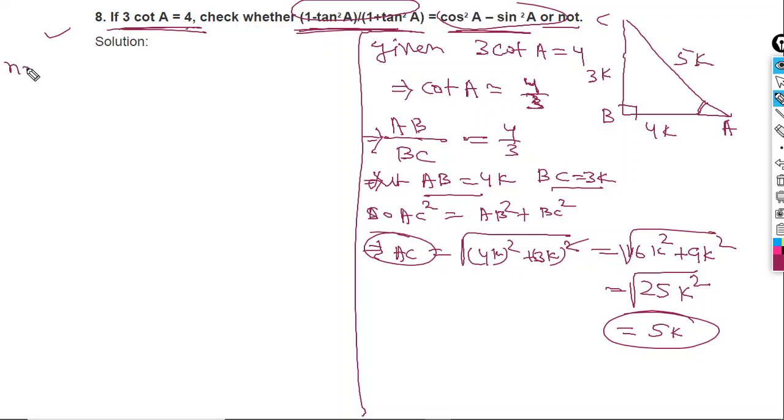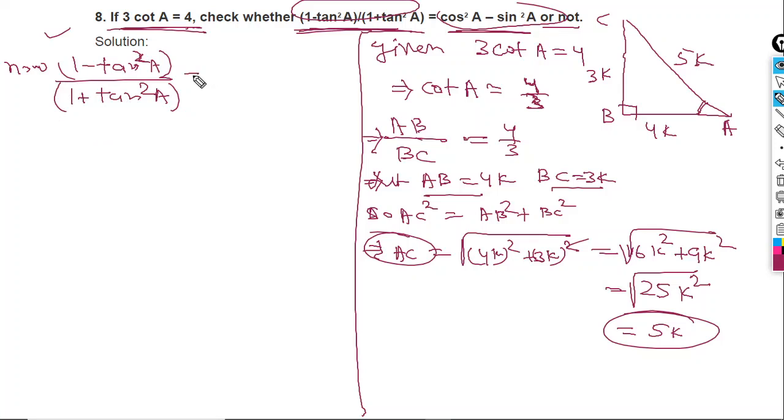Now again write: 1 minus tan square A divided by 1 plus tan square A. So this much value we have to find first.